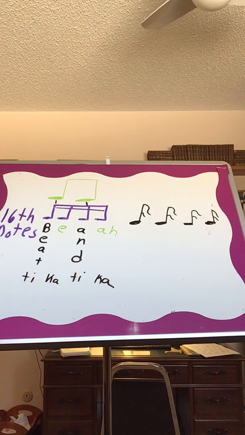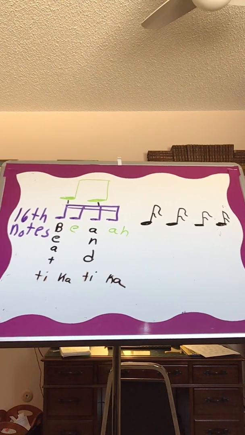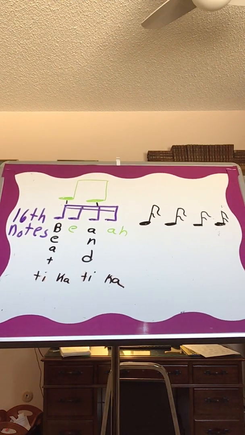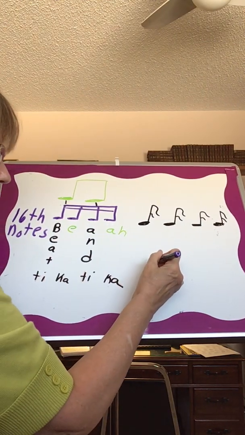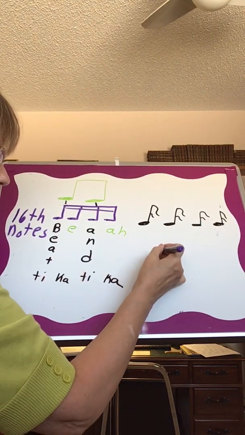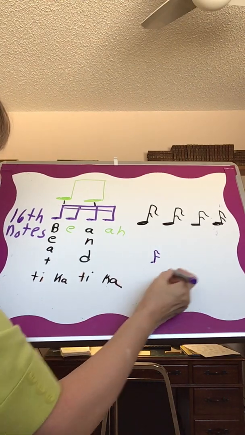And when I look at your assignment, I will make sure that you have all the notes drawn correctly. If they're all drawn correctly, this is your rubric. If they're drawn correctly and they look good, and I don't see any eeny-weeny notes, and I don't see like this, that's an eeny-weeny 16th note.